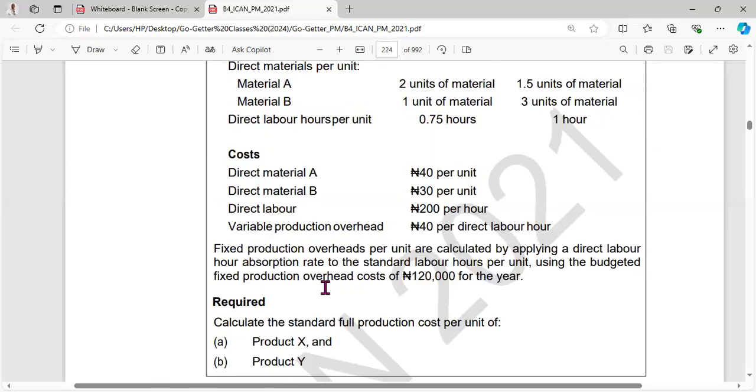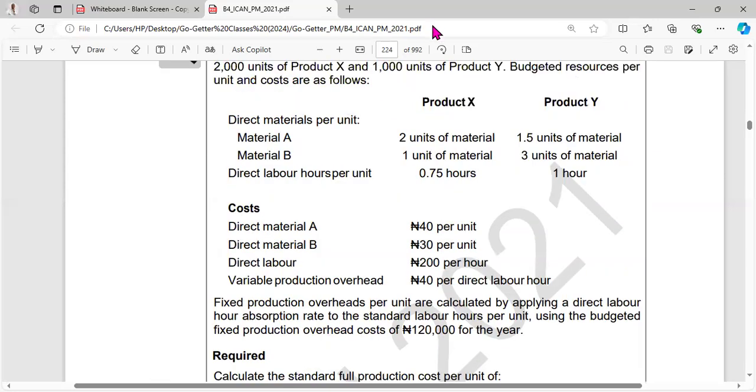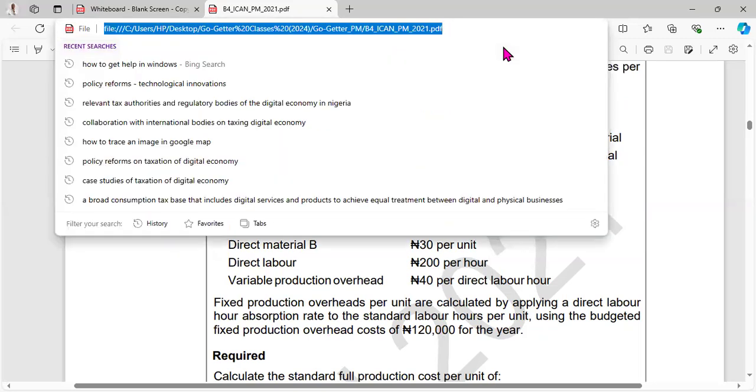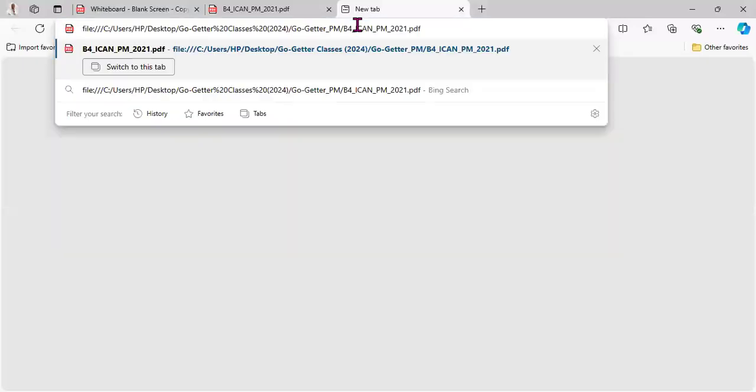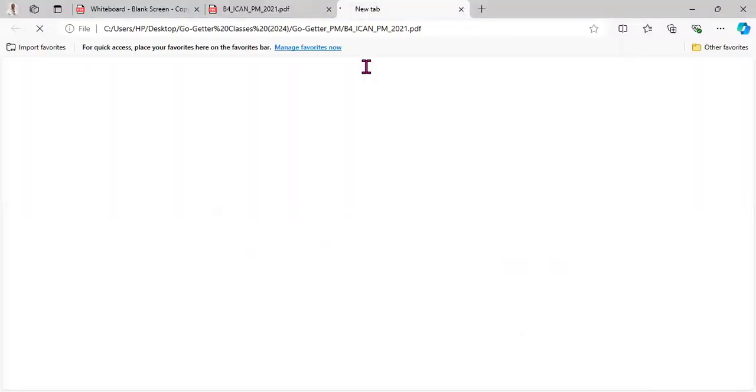Let me make a second instance of this so we'll be referencing it as we go, so I can go straight to solution.